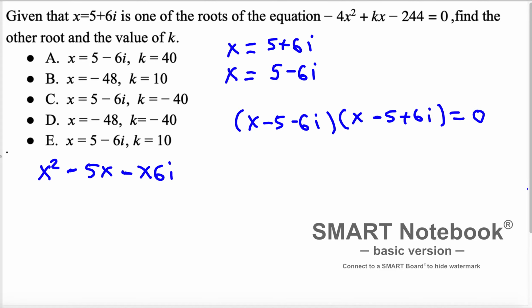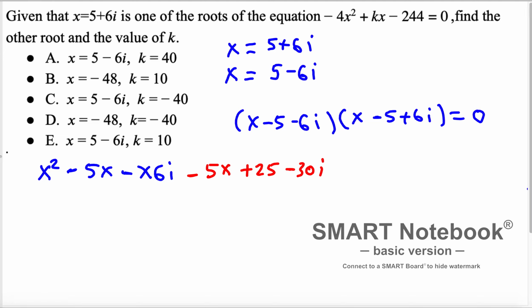So now let me go with a different color. I'm going with the second term. Minus 5 times x is minus 5x, and minus 5 times minus 5 is plus 25. And negative 5 times 6i is negative 30i.